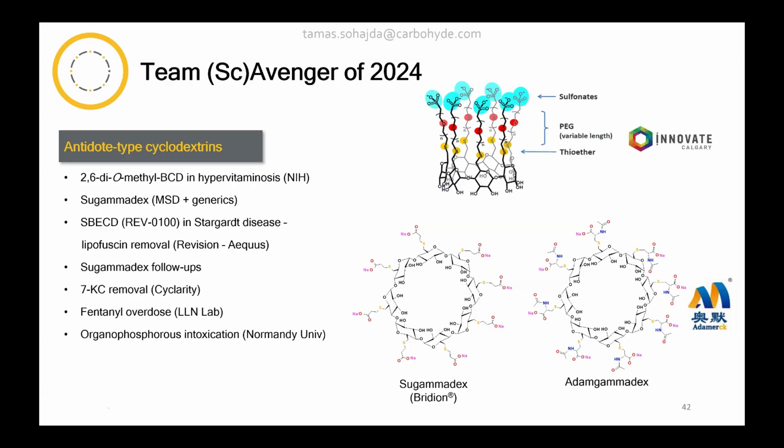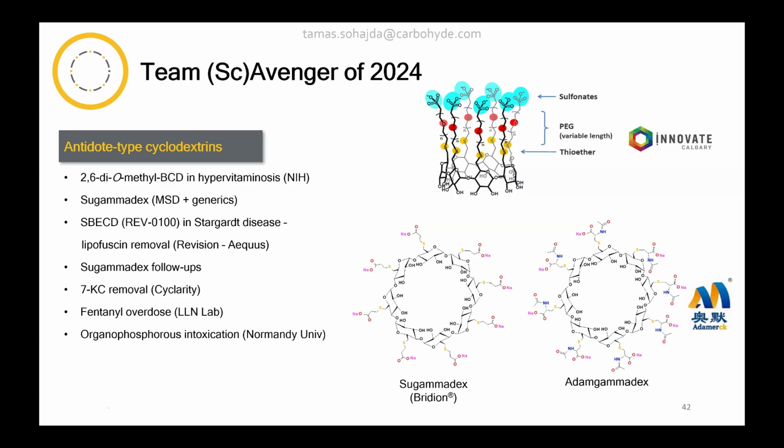Same group, the scavenger type of molecules. Besides sugammadex, there are different designed molecules for different APIs, so you have to find the perfect fit to the API, and by chemically modifying the cyclodextrin it can be done. So there are some sugammadex generics, as I said, and for example adamgammadex, it is the same purpose.